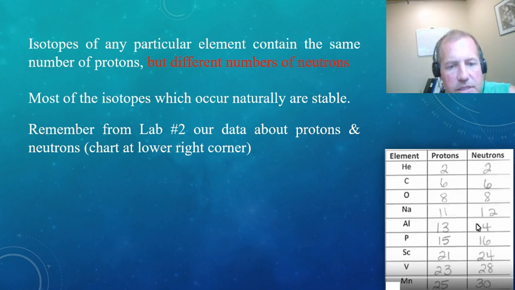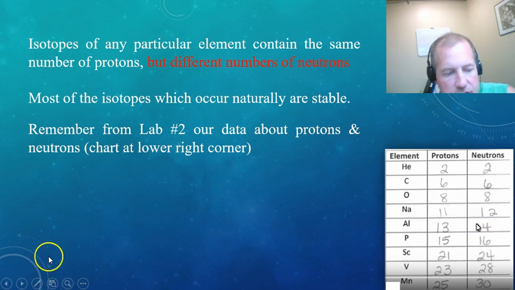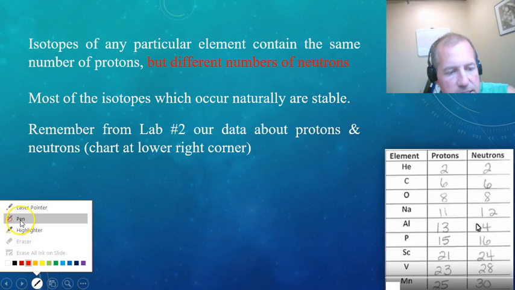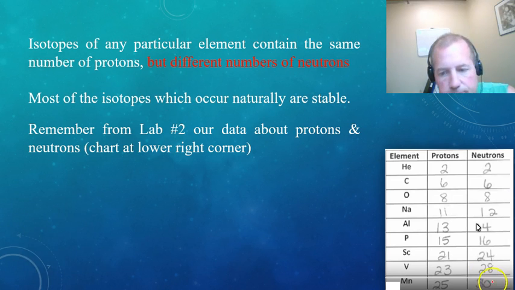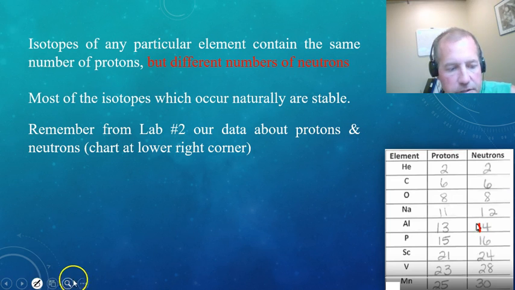Remember from lab number 2 our data about protons and neutrons. The chart is at the lower bottom right of the screen there, and you can see where that cursor is. It's supposed to be a 1 there. So I'll put the 1 there so you can see that.